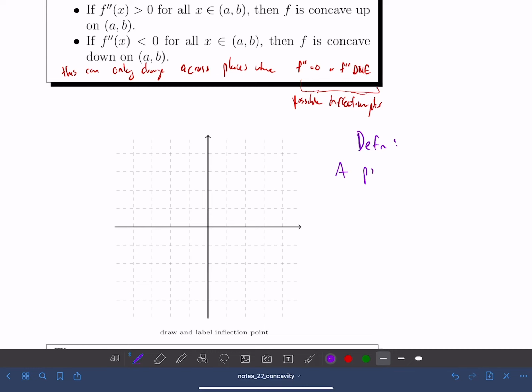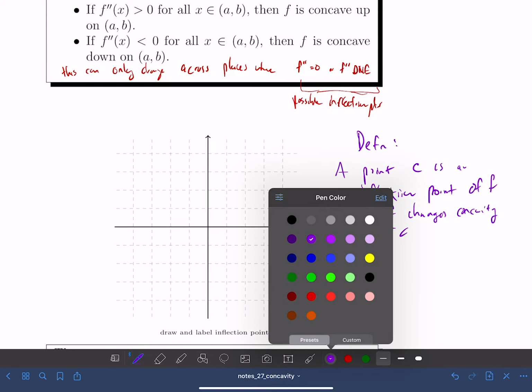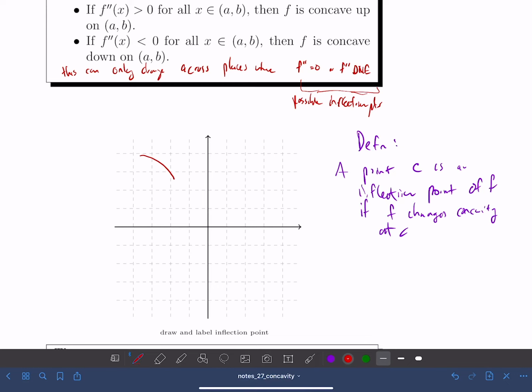A point c is an inflection point of f if f changes concavity at c. So, for example, if I go like that, then this right here, that's an inflection point, because it went from concave down to concave up.